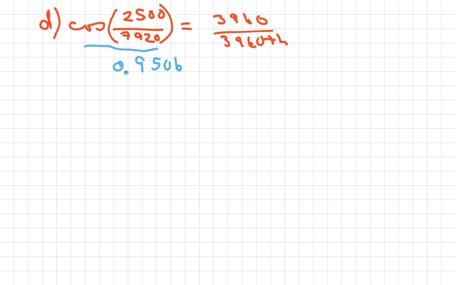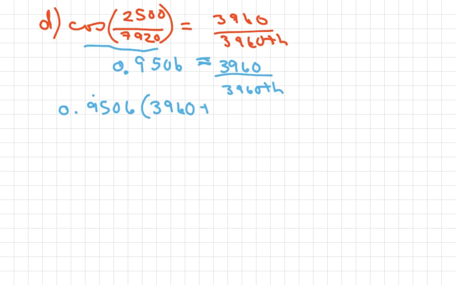Okay, this little bit equals 0.9506, which should equal, or it's approximately, 3960 over 3960 plus h. Now I'm going to cross multiply, so I get 0.9506 times 3960 plus h is approximately 3960.